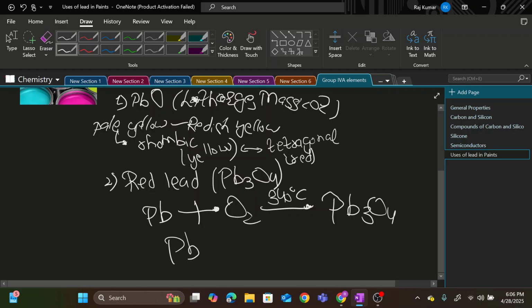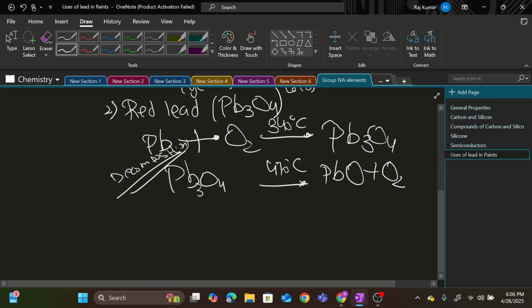The red part of matches is made up of this compound as well. At 470 centigrade it decomposes back into lead oxide plus oxygen.